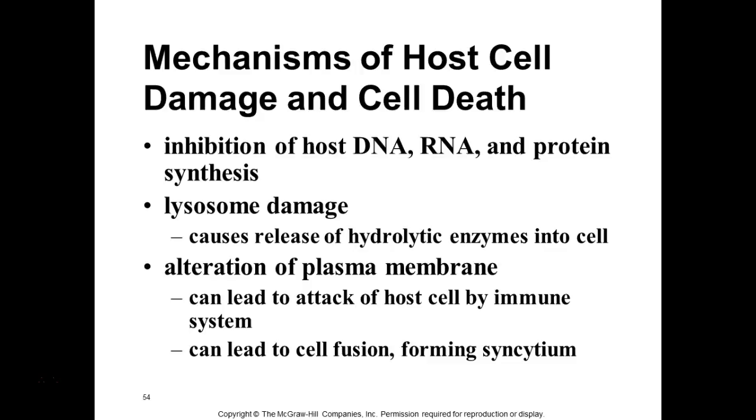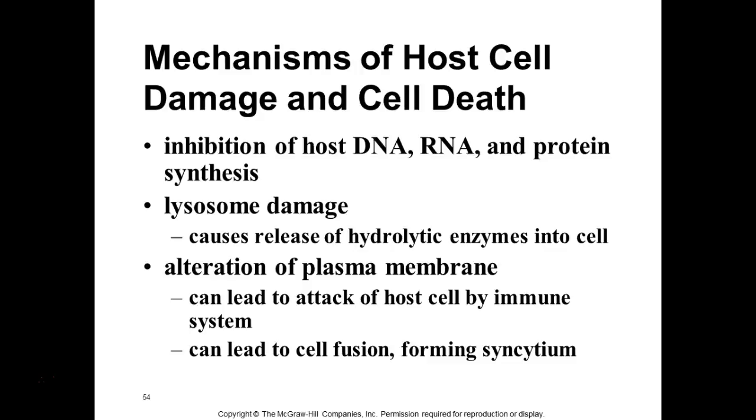But they can alter the membrane, and a lot of times, like when you have rashes, a lot of them that are viral especially, the rash is your immune system attacking the virus-infected cells. Remember, they use our membrane to make their envelope. So they're sticking their little viral proteins in our membrane, and our immune system comes by and goes, duck, duck, oh, goose, that one's not mine. That's not my protein.